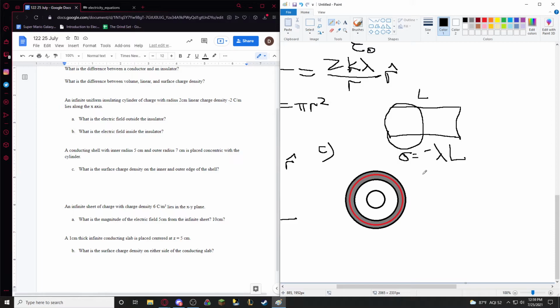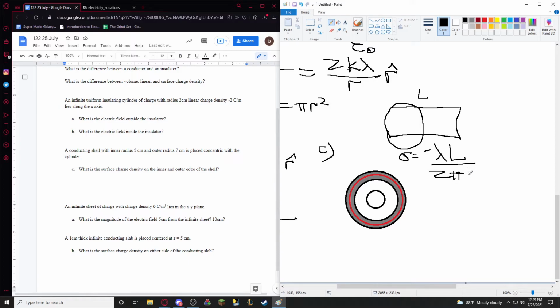For linear charge density, it's Q over L. What would be a surface charge density? Q over what? Q over A. And what's the area of this part of our inner shell? The area should be 2 pi RL. Exactly, the area is 2 pi RL. Oh, okay. I keep forgetting.